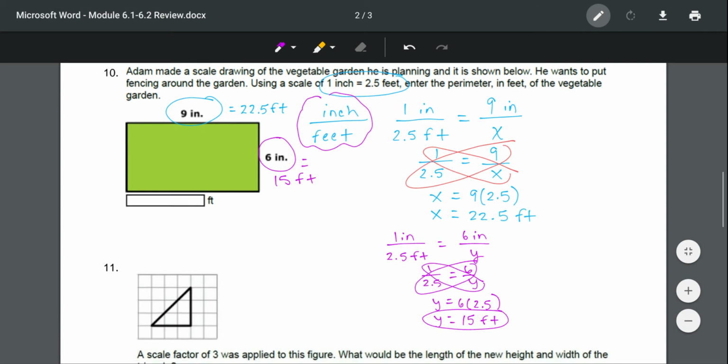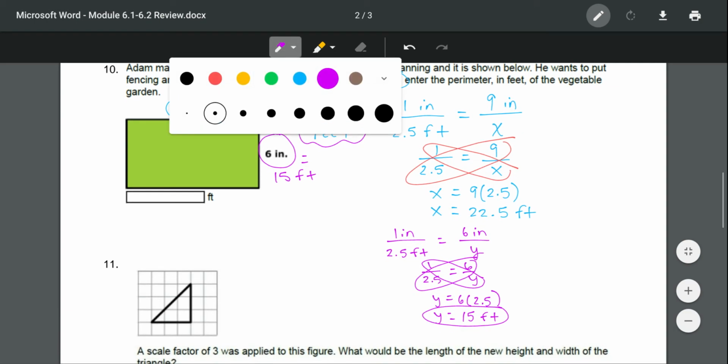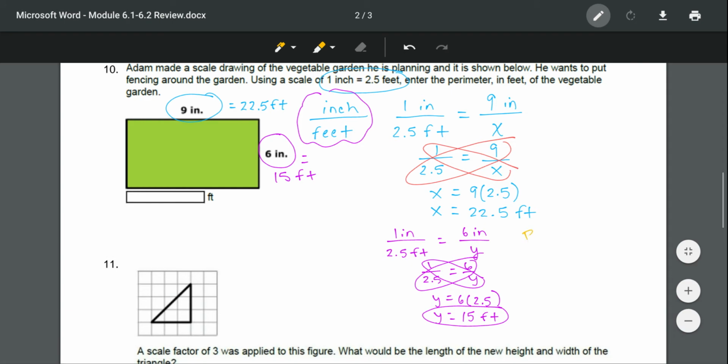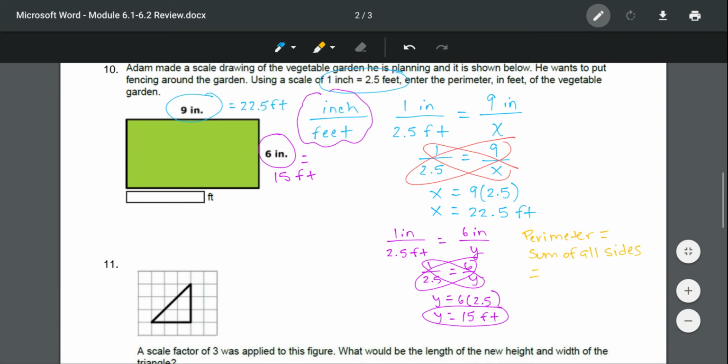Okay, and then to calculate the perimeter is the sum of all the sides. So add all the sides together. So you're going to have 22.5 feet.